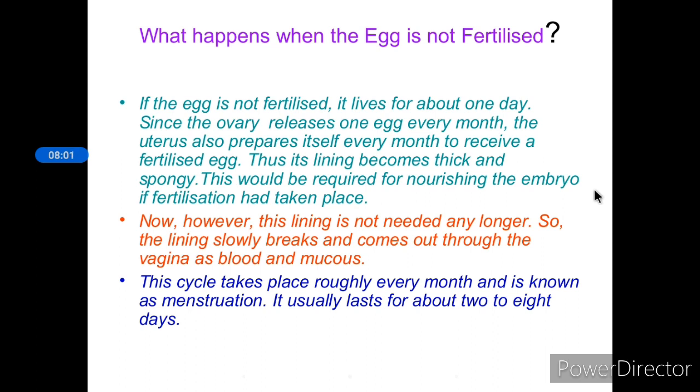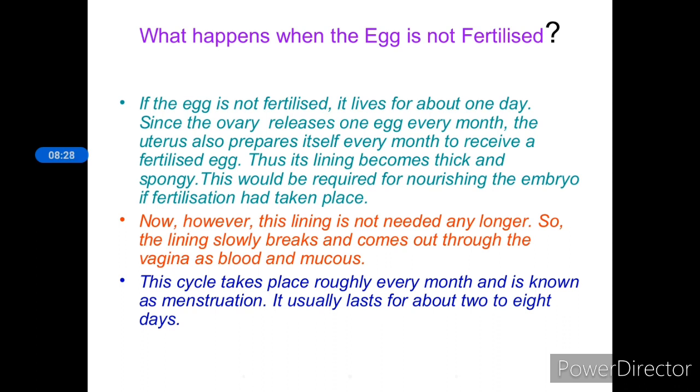Every month an egg is produced in the female body and released, right? So if that egg is not fertilized, what happens? That's a big question, right? The ovary releases one egg every month, and our uterus also prepares every month to receive that fertilized egg.